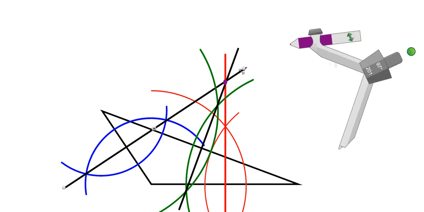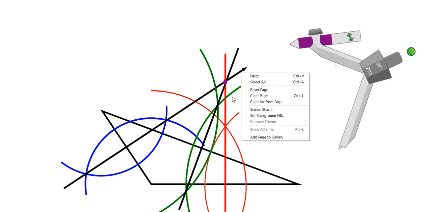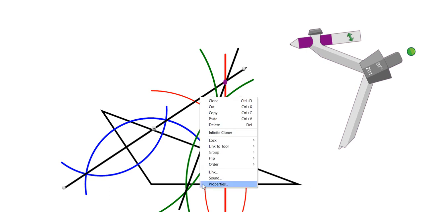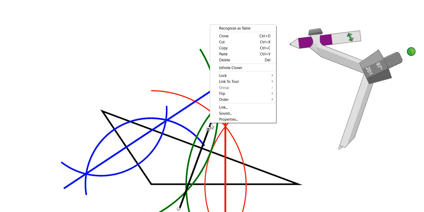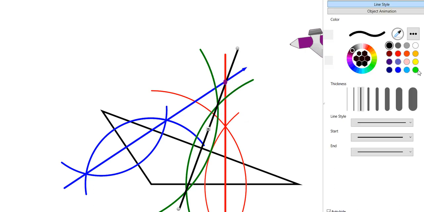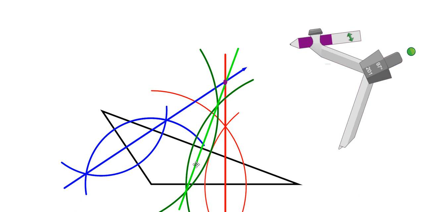And then all the points on this segment, the blue perpendicular bisector, are just as far from here as they are from there. And then you look at the third perpendicular bisector, and all the points on the green perpendicular bisector are just as far from here as they are from there.